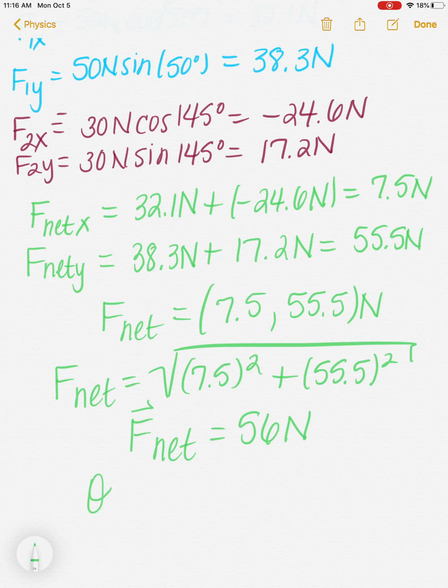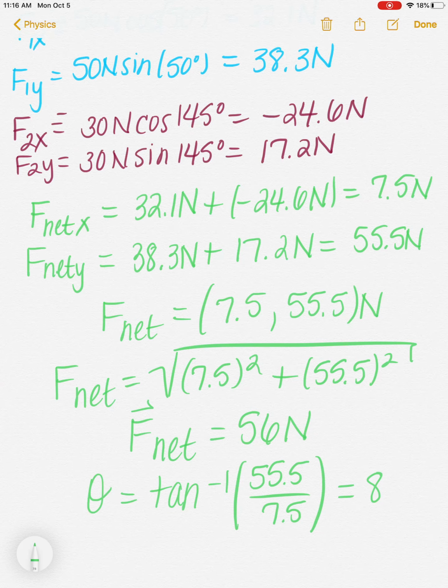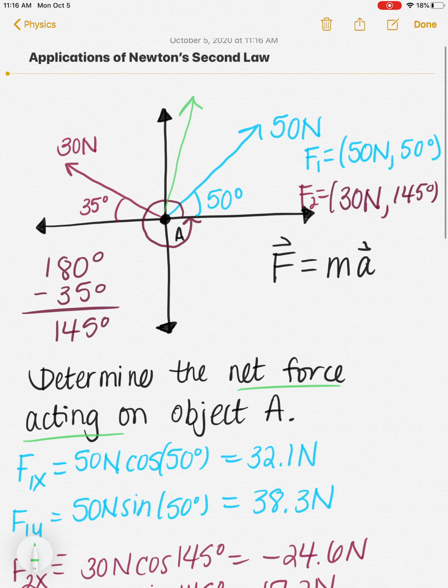But because force is a vector, we should probably also find the theta, the angle that this is at. So the theta would be the inverse tangent of the y component divided by the x component. Inverse tangent, 55.5 divided by 7.5. I get 82 degrees.